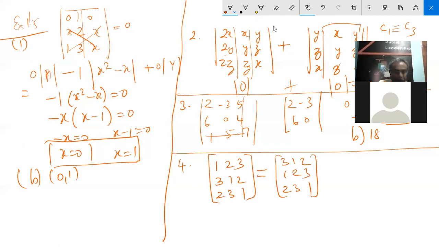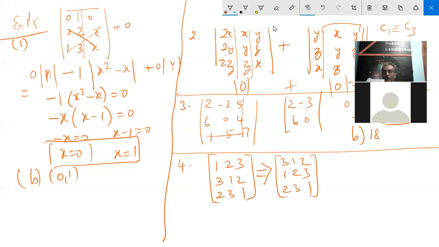Now, which property of the determinant is this saying? I think the seventh property. What are the properties of determinants? The value of the determinant is unaltered when a constant multiple of the elements of any... No. If any two rows are interchanged, that is the second property.